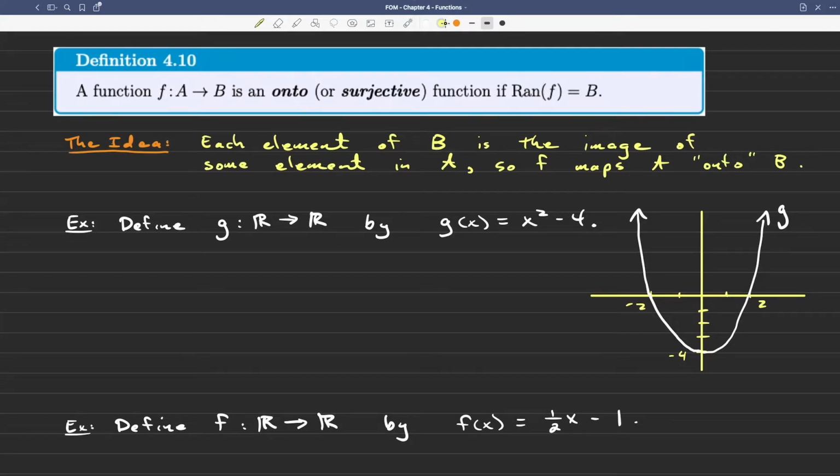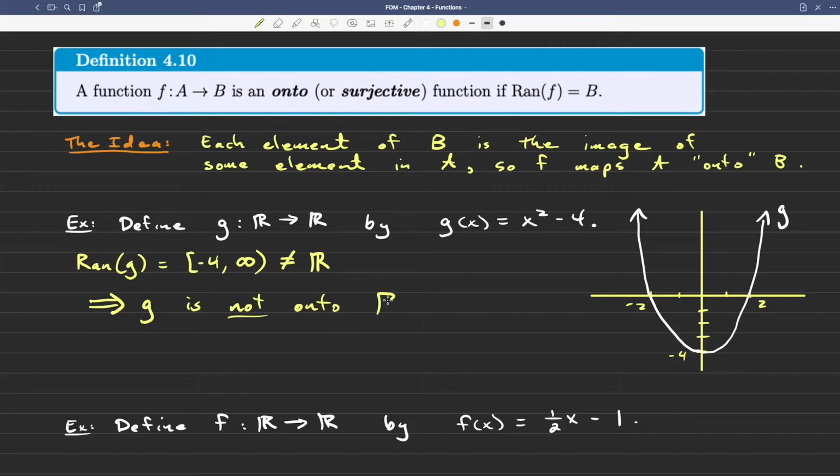Well, when I look at the graph of g, I see that the y values on the graph start at -4 and work their way upwards, right? So I can see that the range of g is -4 to infinity. And that's not all of the real numbers. That misses all those negative numbers less than -4, right? So this is not equal to the reals. It's a proper subset. And so that tells us that g is not onto the reals.